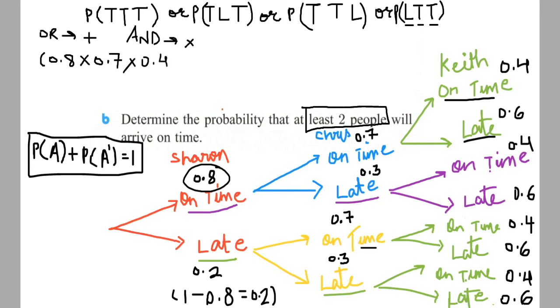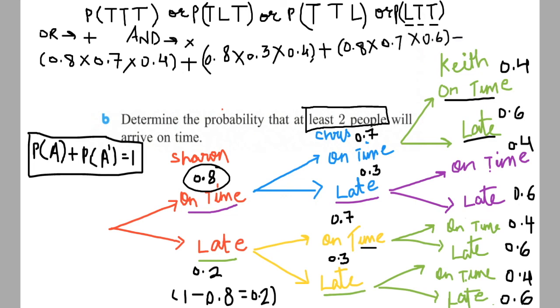So this is one case. Or Sharon will come on time, Chris will be late, and Keith will be on time. Or Sharon will reach on time, and Chris will also be reaching on time, and Keith is going to be late.